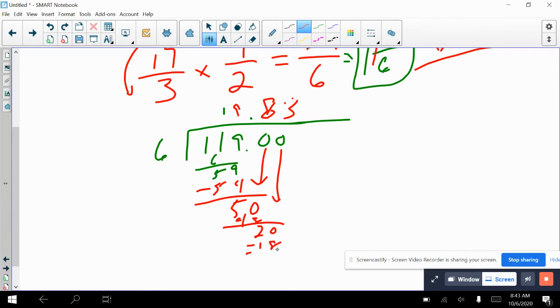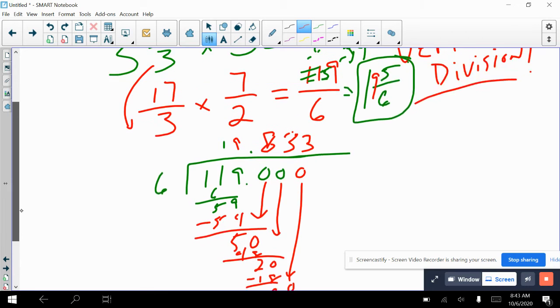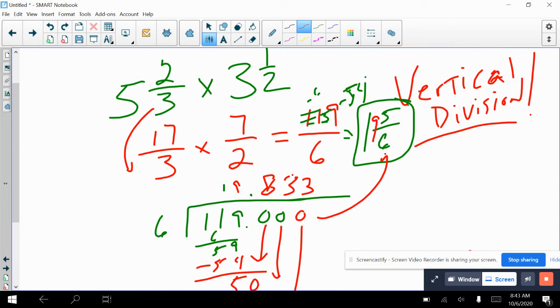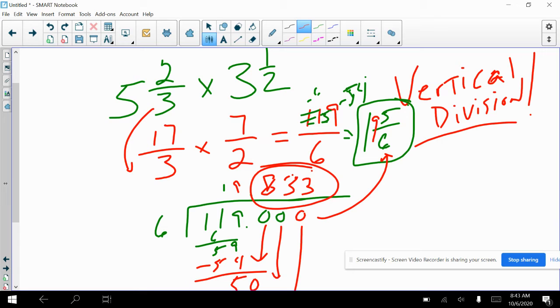I get 18. I drop my 2. I get a 0. That 3's repeating itself, yes? Guess what 5/6 is equal to? 0.8333 repeating. That is what you're going to do tomorrow with your flashcards. You'll see.